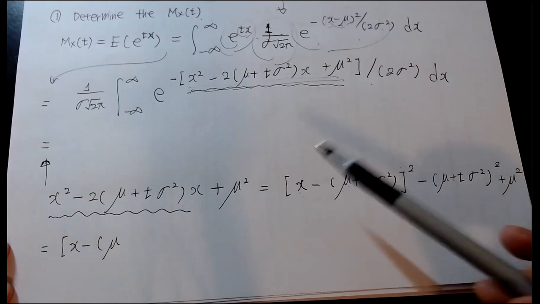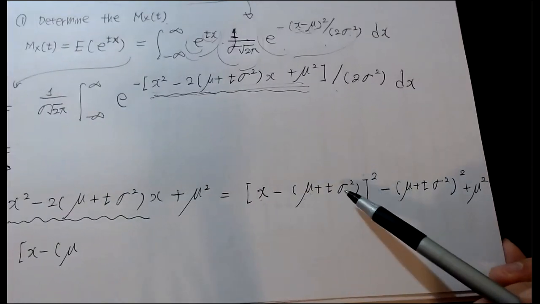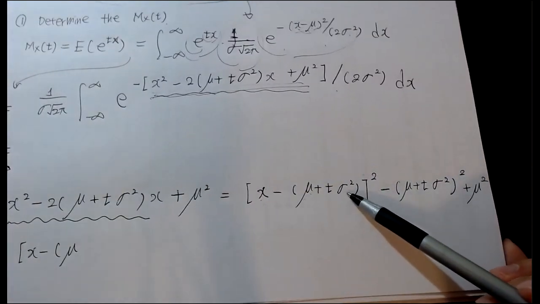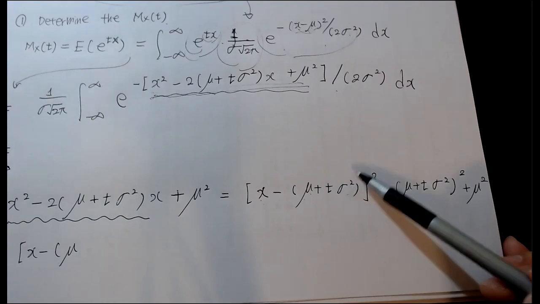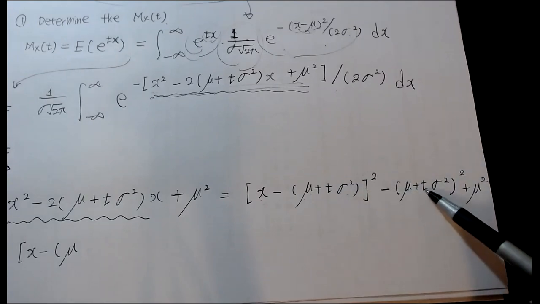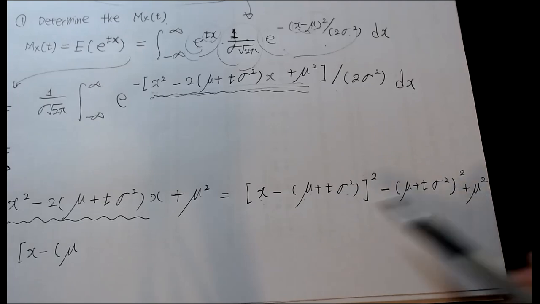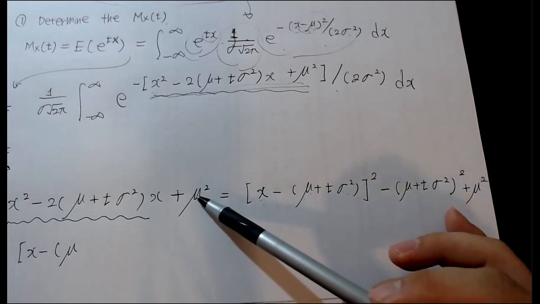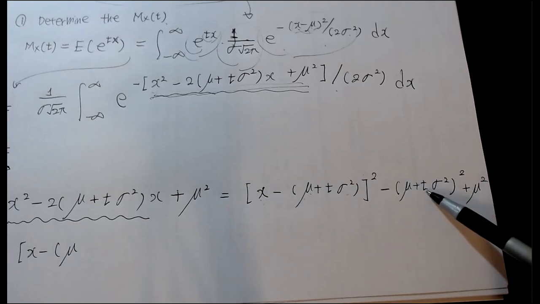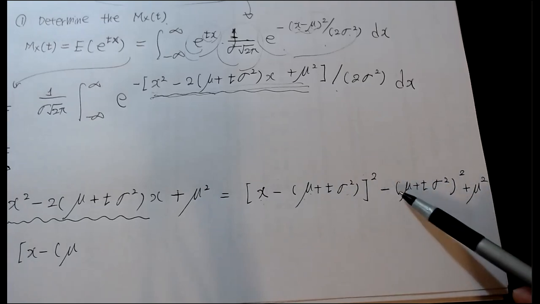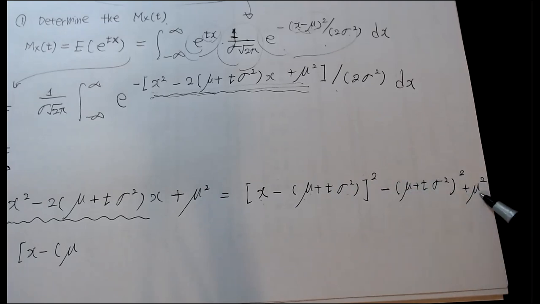Okay, right? And then additionally, we're gonna get (mu plus t times sigma squared) squared, so we have to subtract. Okay, and then we need to add mu squared because your mu squared is in the left hand side, right? But look at this. If you FOIL this one, we're gonna get the minus mu square, so that will be cancelled out with the mu square.